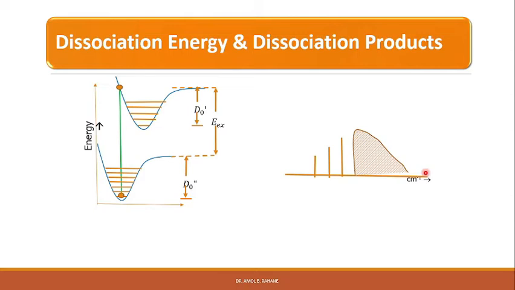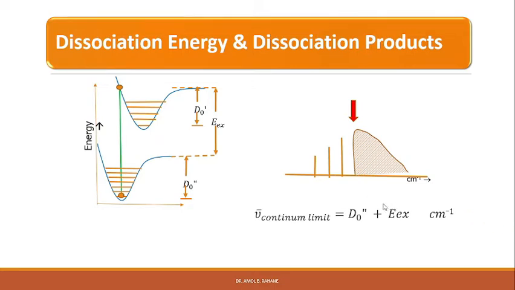The lower wave number limit of this continuum represents just sufficient energy to cause dissociation. That is, the dissociation products separate with virtually zero kinetic energy at this energy, and thus we have the wave number nu bar continuum limit equal to D0 double prime plus E excitation, that is in per centimeter, right?